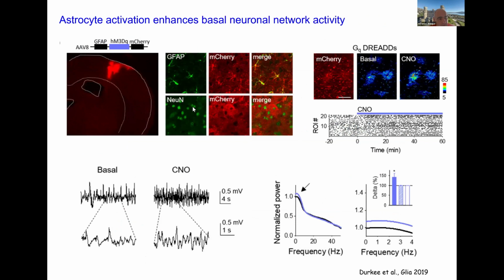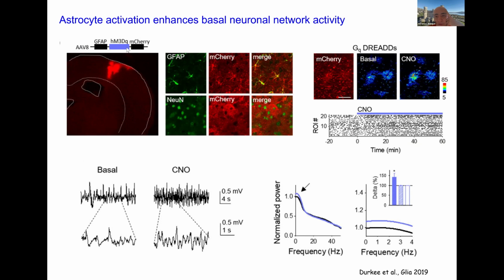Now we wondered what would be the effect of CNO in the basal conditions without sensory stimulation. What would be the effect of increasing calcium in the cortical astrocytes without sensory stimulation? We performed the same experimental approach of expressing the Gq DREADs in astrocytes in the primary sensory cortex, and then injected CNO to activate those astrocytes.